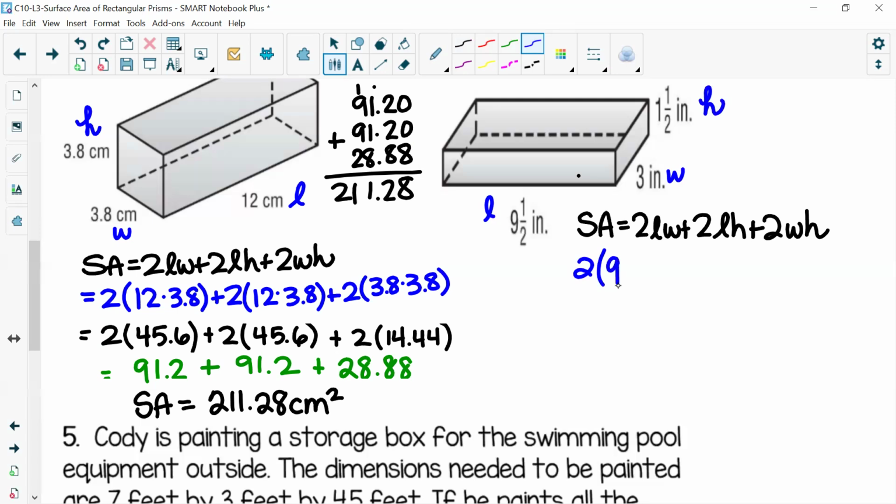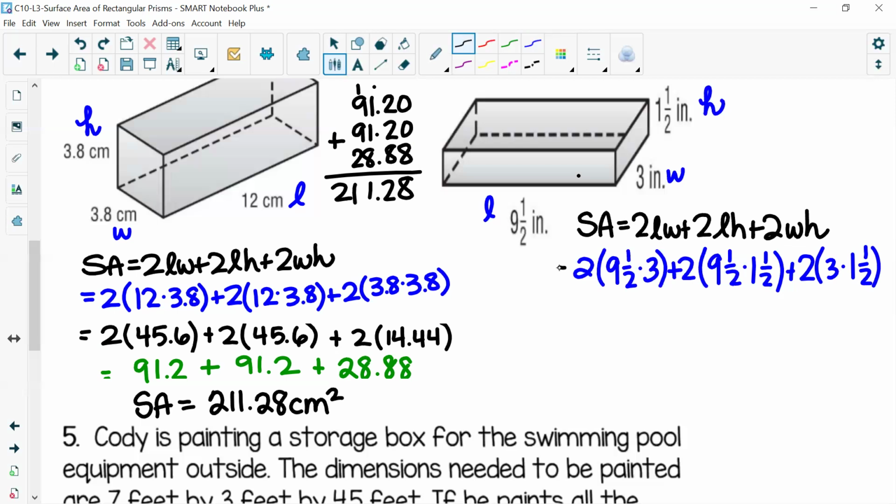So I have 9 1/2 times 3, length and width. And again, we have 9 1/2 for my length times my height, which is 1 1/2. Plus, now I need my width, which is 3, and my height, which is 1 1/2.